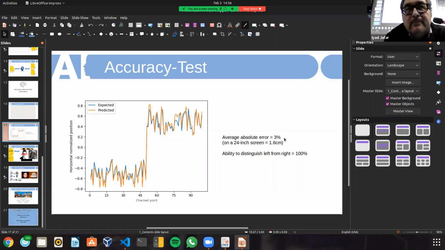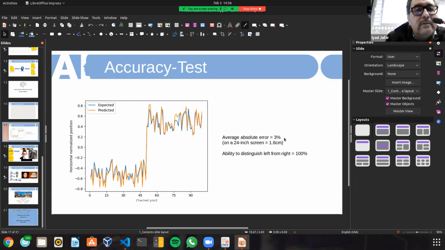Is this the accuracy for the person being autistic, or for the algorithm? I think this accuracy test is for detecting the eye direction, right?